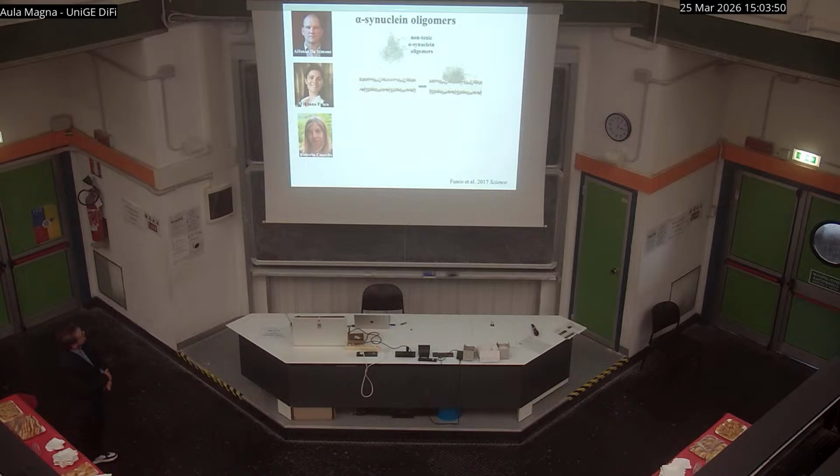Okay, this is another study that we did in a collaboration with Alfonso De Simoni. Actually, we played very little role in this study, so all the credit goes to Alfonso and Giuliana Fusco. We only did some cell biology experiments, but in this case, they compared the non-toxic alpha-synuclein oligomers, and Alfonso found that they can attach to the membrane, but only touch the membrane.